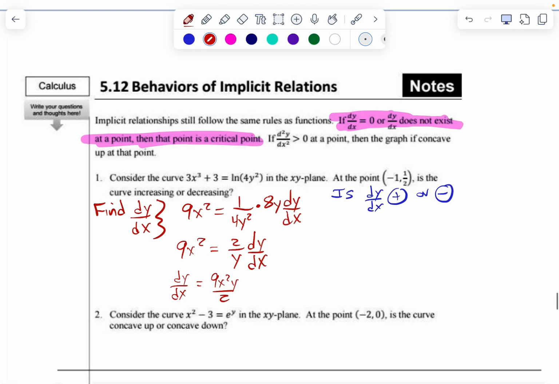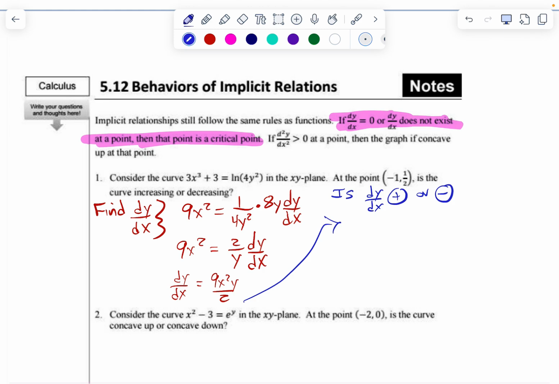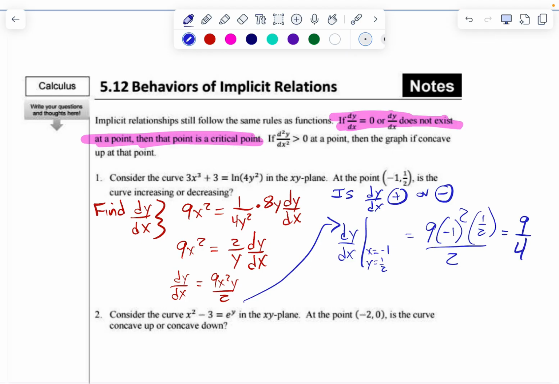Okay, and then we plug in. So I'm going to move over here. And we're going to say dy dx evaluated at x equals -1, y equals 1/2. Okay, well, since we only care about the sign, this is positive. It is 9/4, but we only care if it's positive, right?